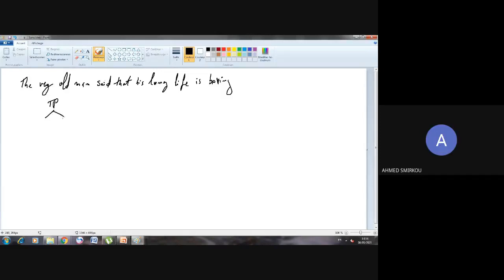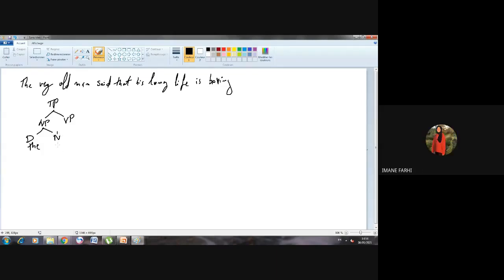Okay, this is a sentence, so TP, NP and VP, yes. From the NP, we branch determiner, which is the, and then N bar.